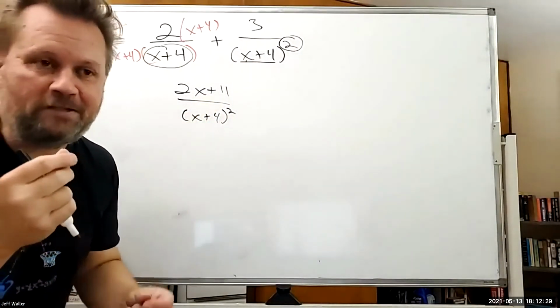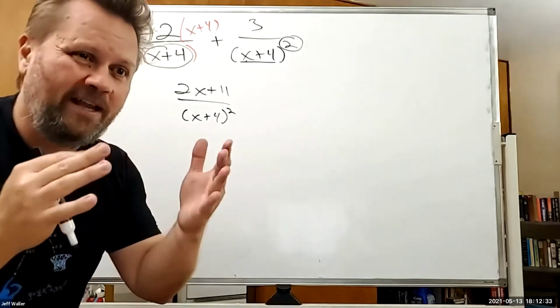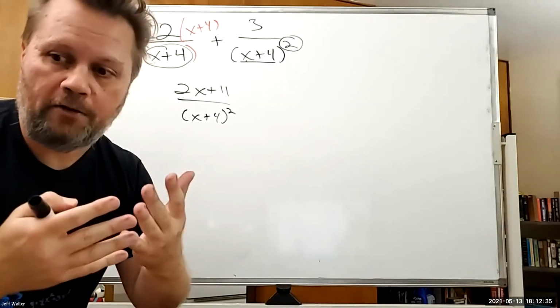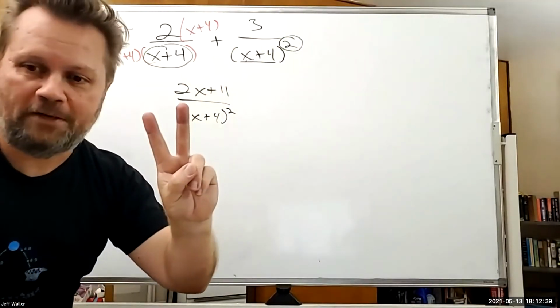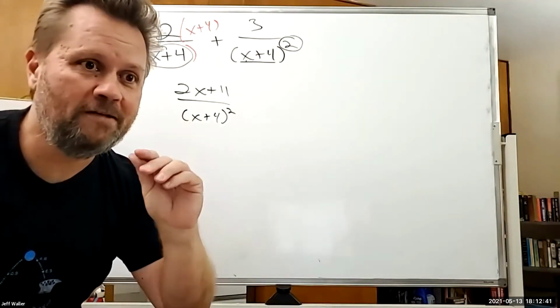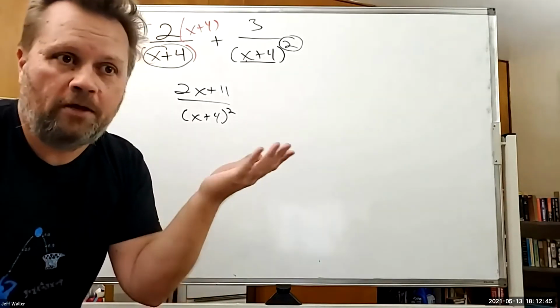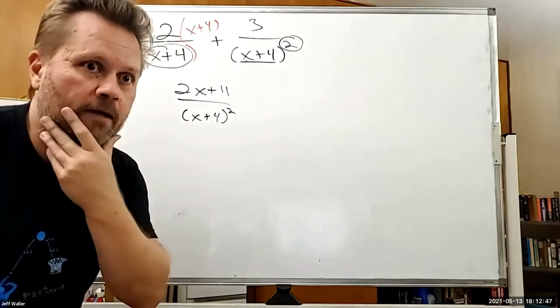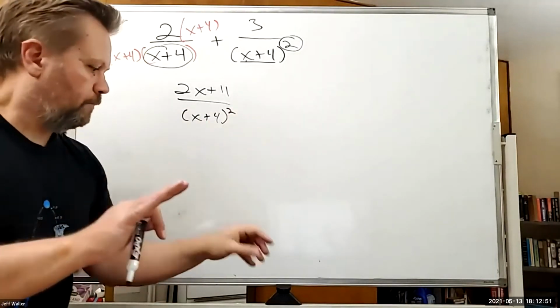Does everybody understand what I mean by that? If you multiply it out, it becomes not linear, correct? But isn't this a linear of multiplicity 2? Do you guys understand? This is important. So that's going to come back in a minute.